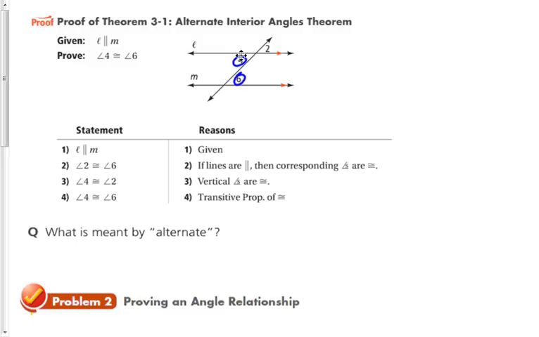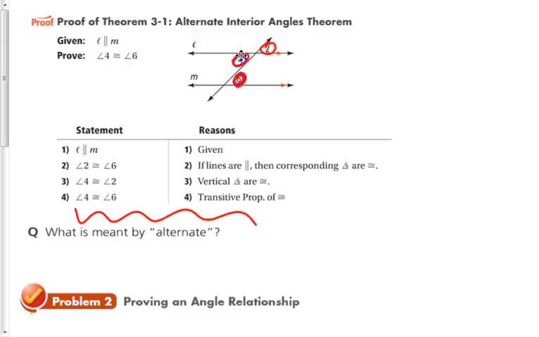So if we use vertical angles to show 2 and 4 are congruent, well, 2 and 6 are corresponding angles, so if 4 and 2 are congruent, then 2 and 6 are also congruent, and then we can use the corresponding angles postulate to show that the two lines are parallel, and that's shown here.